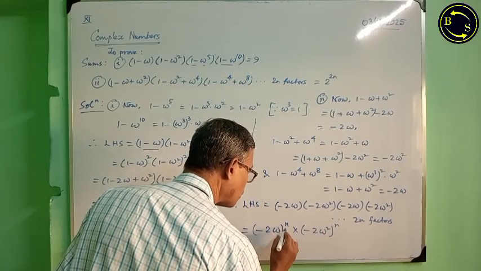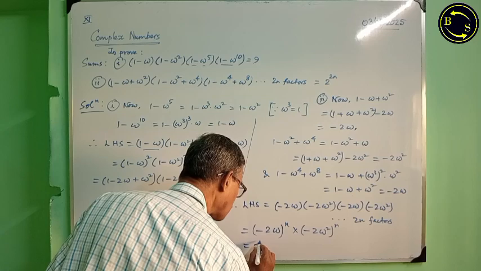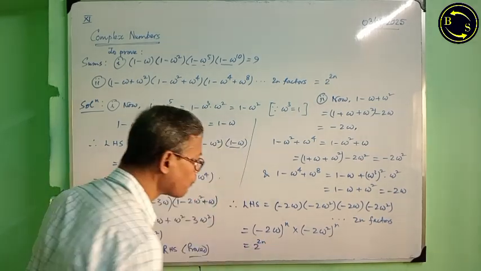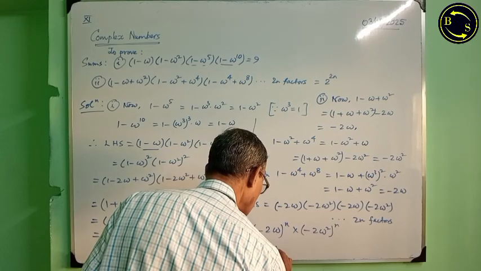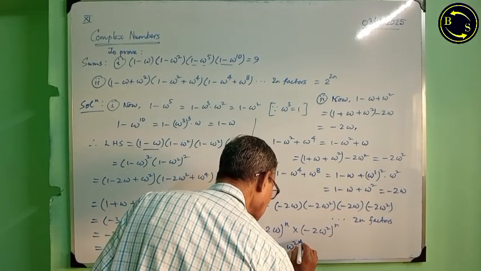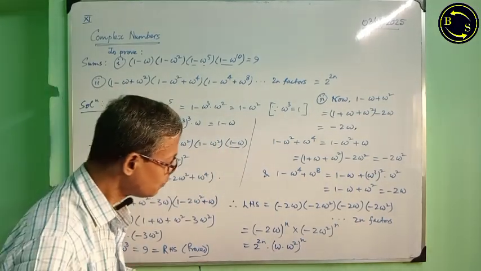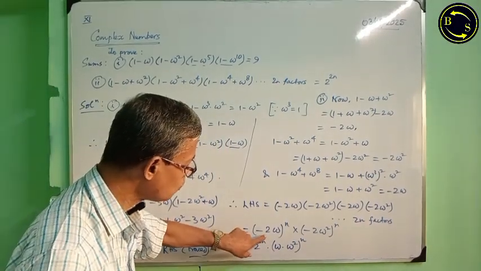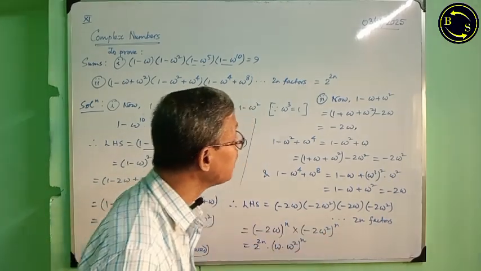Minus 2 whole to the power n, minus 2 whole to the power n, that means 2 to the power 2n into omega into omega square to the power n.